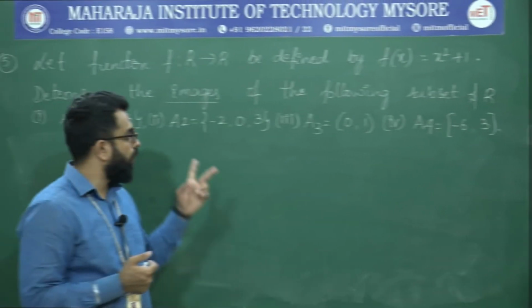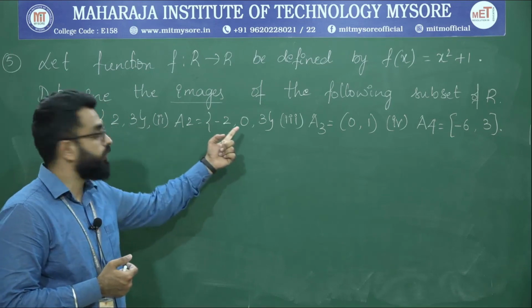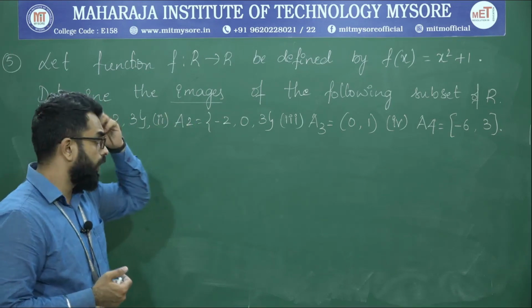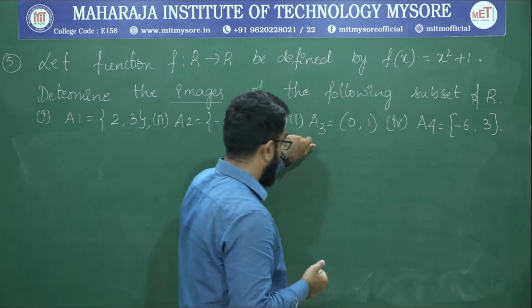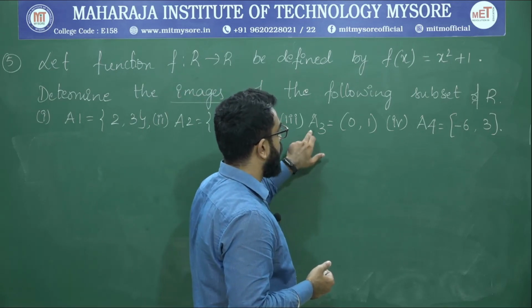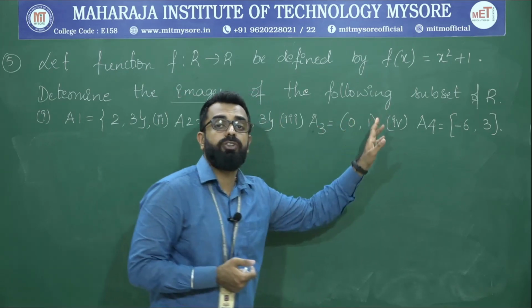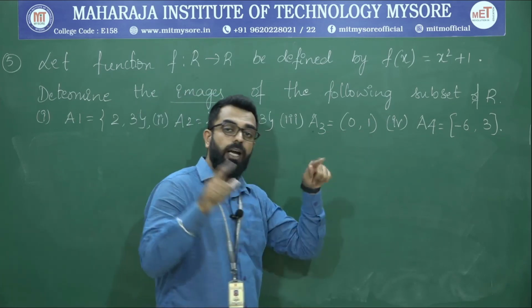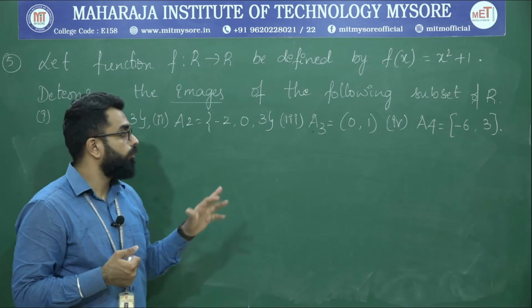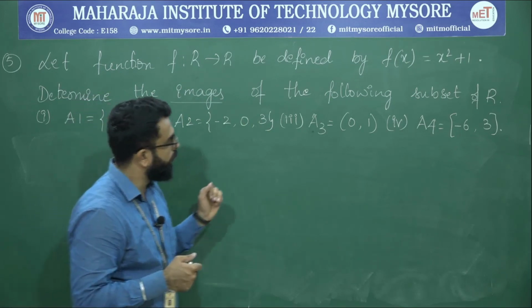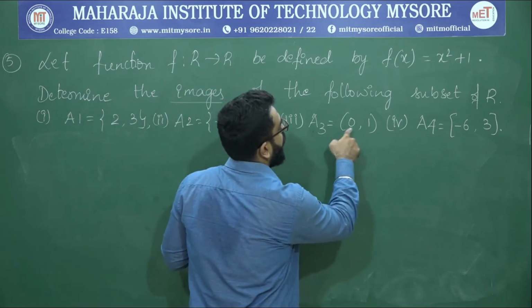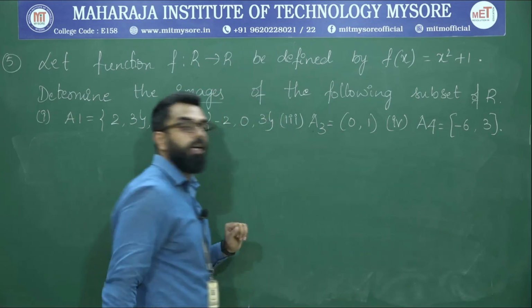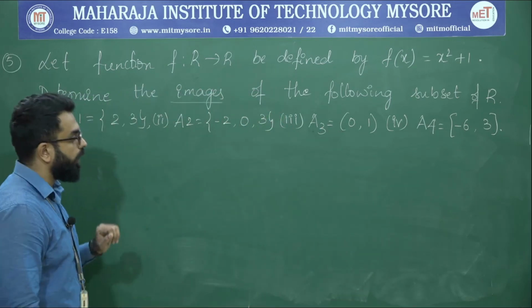We got the solutions for the first and the second subset straight away, but here observe the third one, that is A3. Is it a set? No, it is not a subset. If you observe carefully, these elements are not enclosed between the braces. So here this A3 is given as a range.